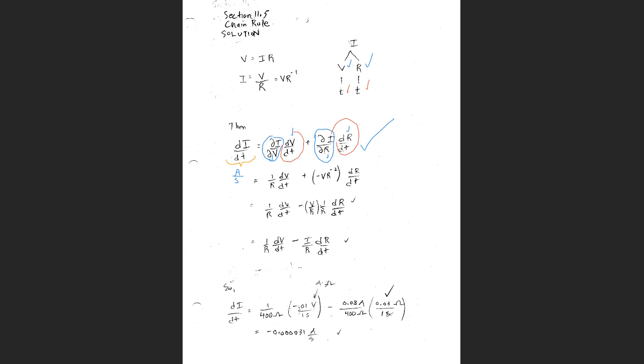Think of it like this. The current varies as a function of voltage, but the voltage varies as a function of time.